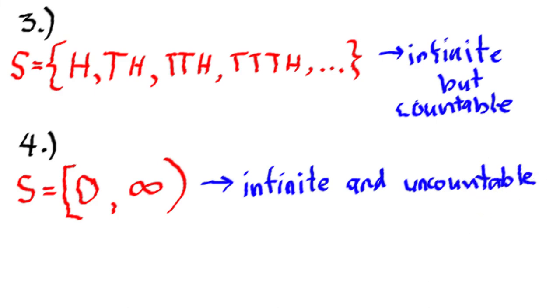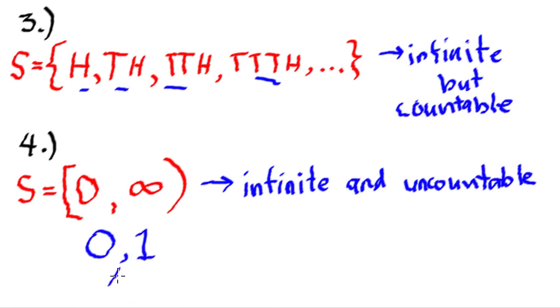Okay, there you go. So notice, try to differentiate number three from number four. In number three, we say that it's infinite but countable. I mean, we can still count, right? One, two, three, four, and so on. Here in number four, it's infinite but it's uncountable. We have an infinite number of values between these two numbers. Actually, you can get a lot of infinite values from 0 to 1. Only from 0 to 1.